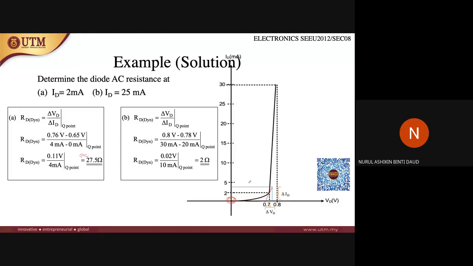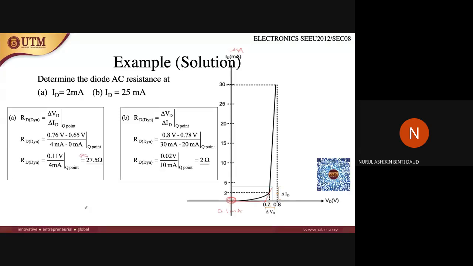If it were more detailed, for example in microamperes, you might see that at 0.65 there is a small current flow, maybe around 0.1 milliampere. So AC resistance is not as accurate as DC, but it is just an approximate reading.